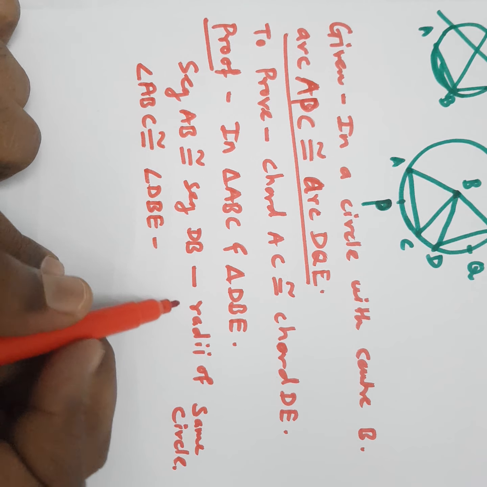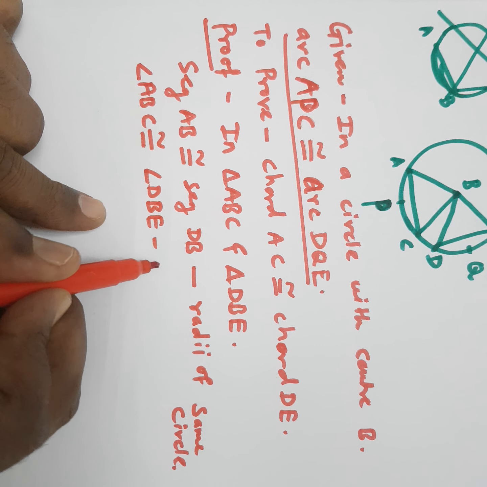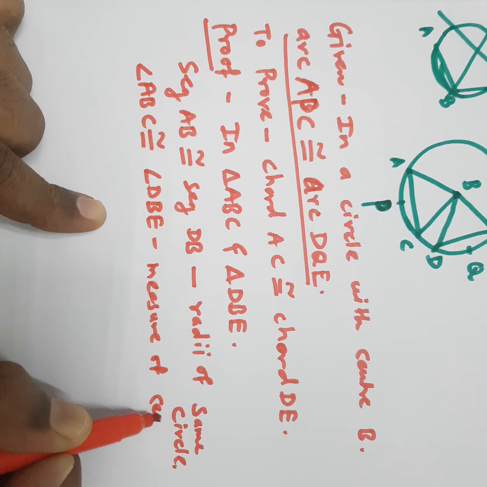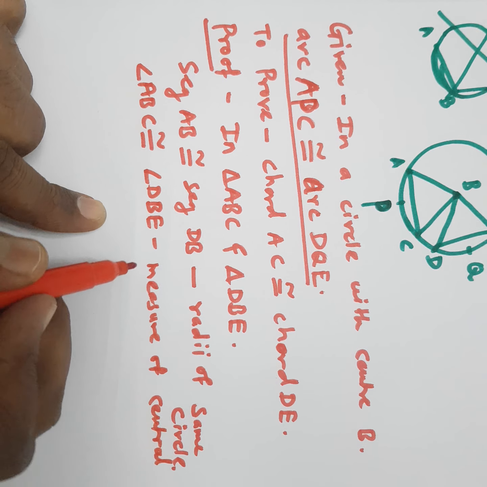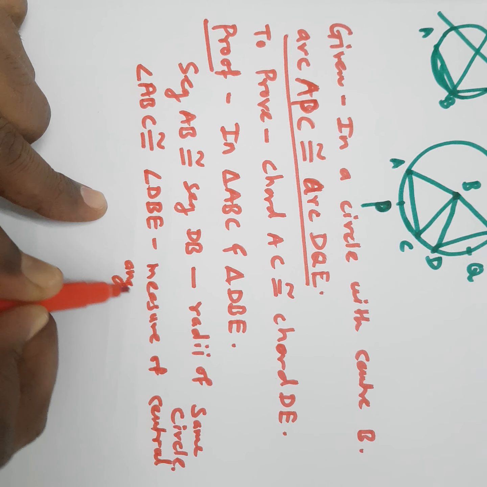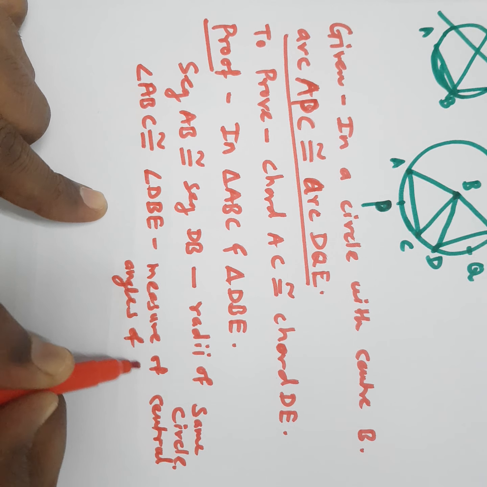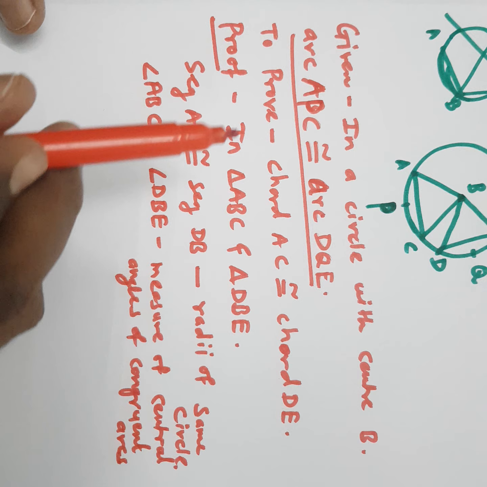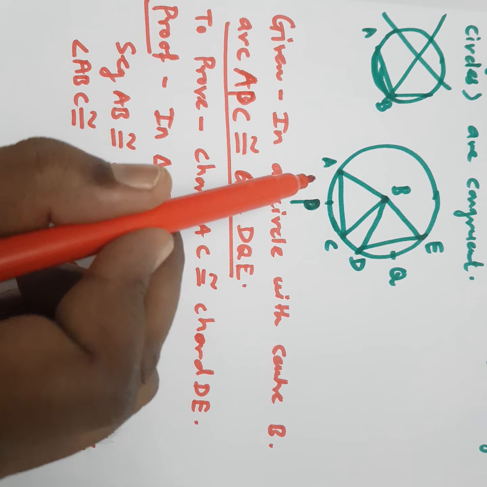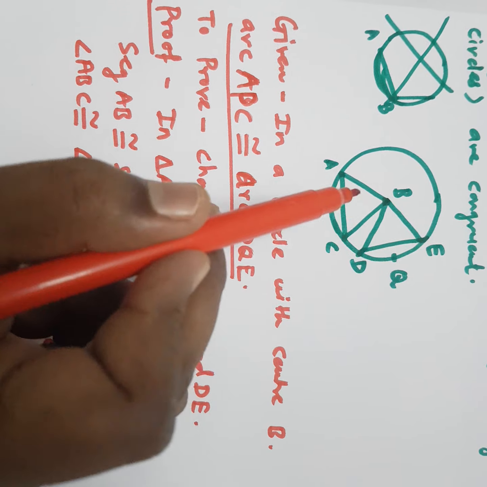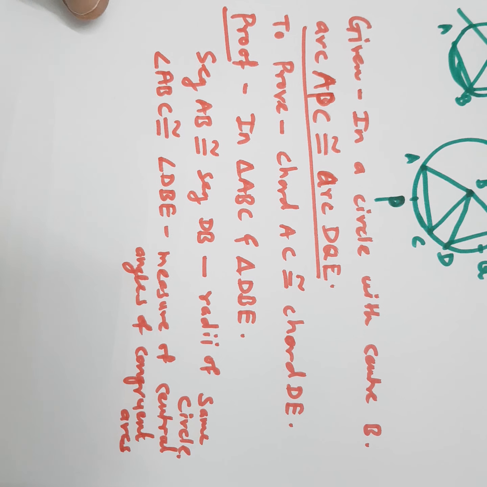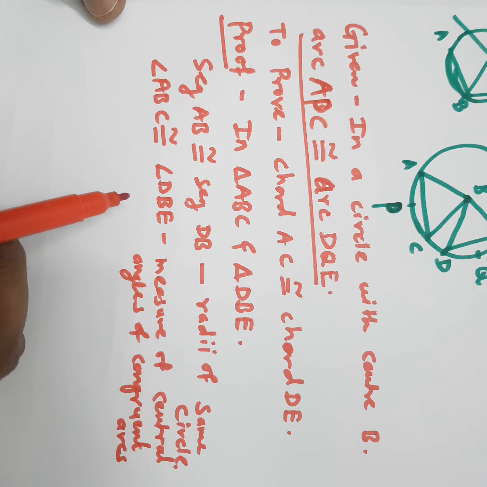These are measures of central angles of congruent arcs. As we have given arc APC congruent arc DQE, angle ABC and angle DBE are the central angles of these congruent arcs. Therefore, these angles are also congruent.